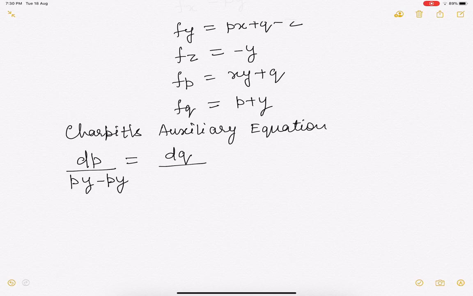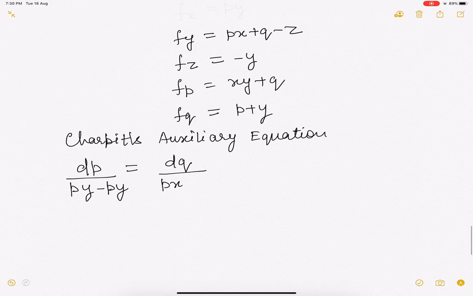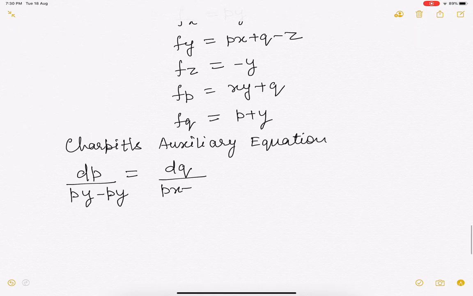So it is fy, that is px plus q minus z, plus q times fz minus qy.